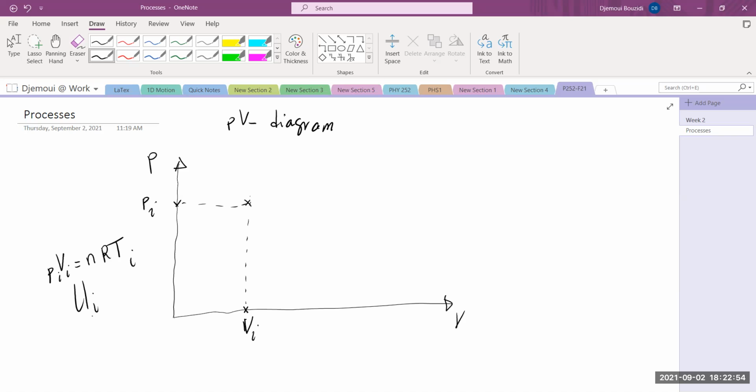I want to go from this initial state to, let's say, for example, this state where the volume has changed to a new volume. Obviously, from the picture I drew, the volume has increased. So this is an expansion. So the system went from this volume to this volume, okay, increased in volume.